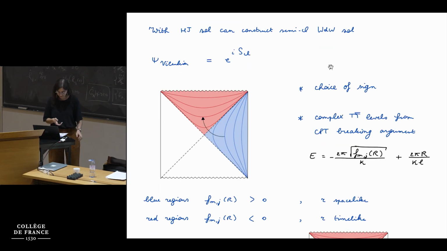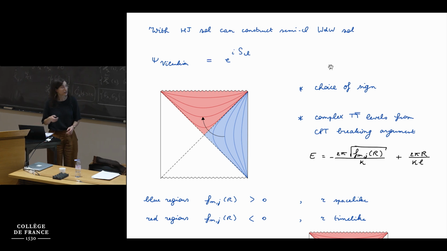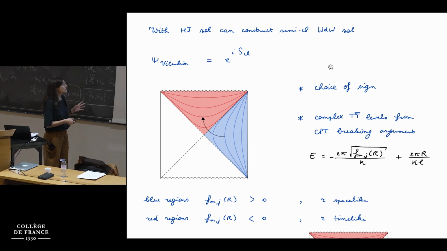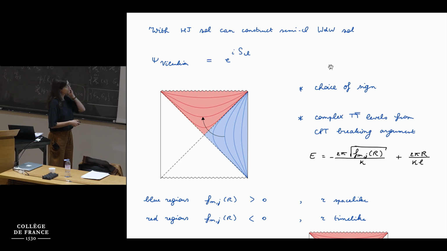Good. So indeed, the blue regions have a space like r and therefore a positive redshift factor. And the red regions have a time like r.